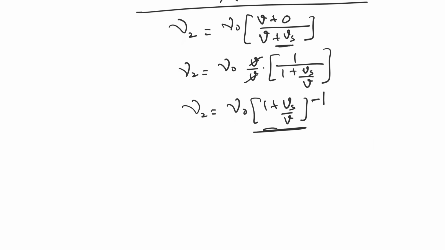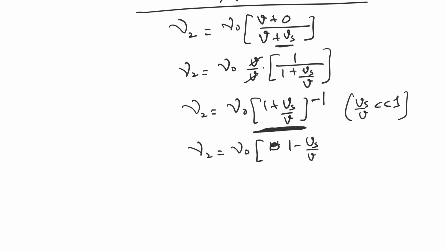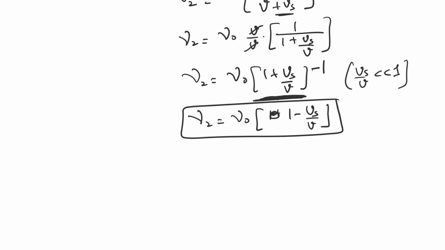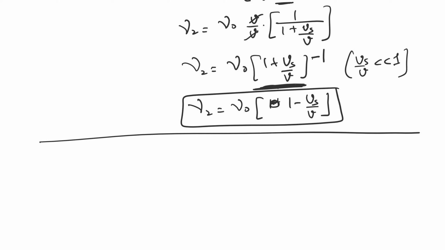Again we can use binomial approximation for this part because vs by v is very small. So nu2 is equal to nu naught times 1 minus vs by v. This would be the frequency heard by the observer due to the second tuning fork.